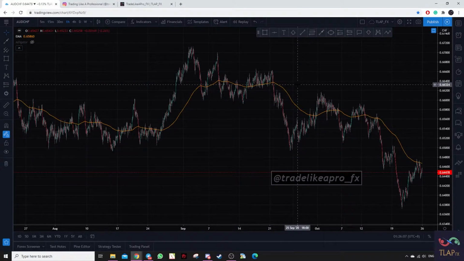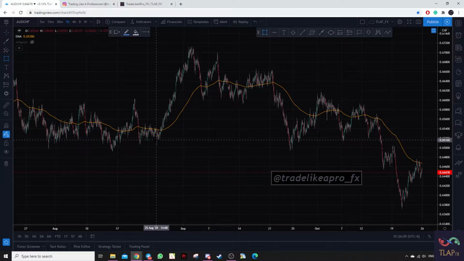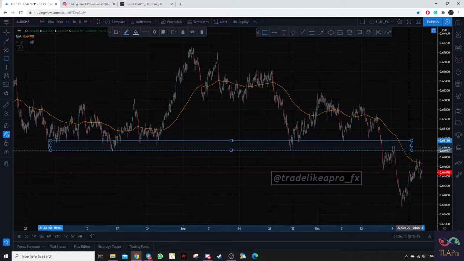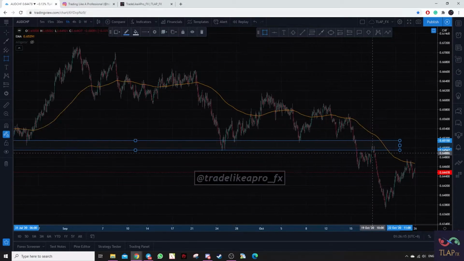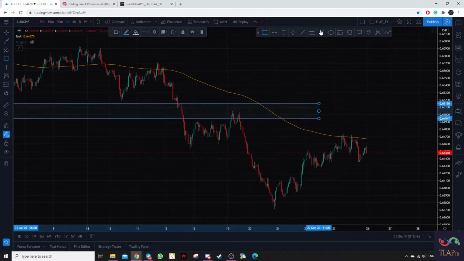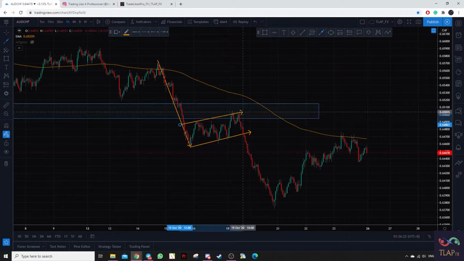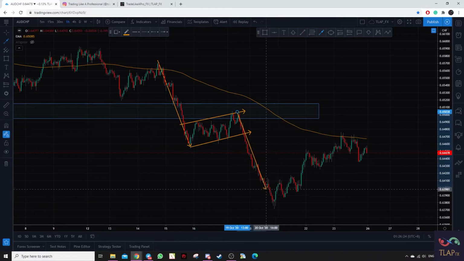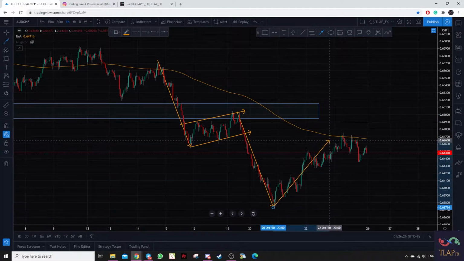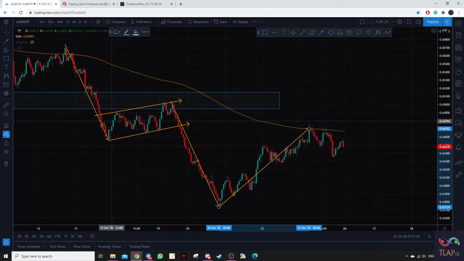Next up, we have the AUDCHF. A clear breakdown of structure can be seen on the chart. Prices broke this support level. So zooming in, right, we have a move downside. Prices making a flag pattern for continuation, and now came back up to retest this level of structure.